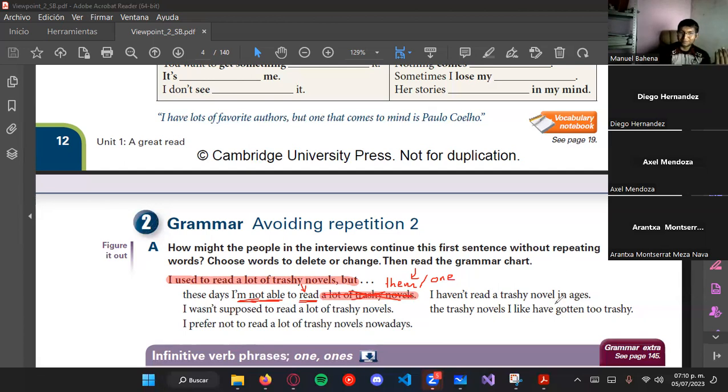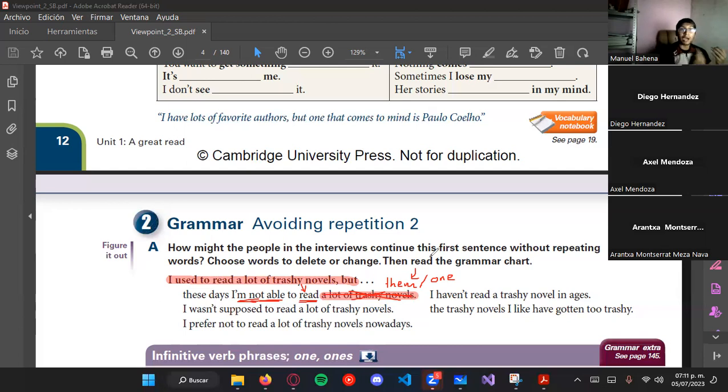For example, it says, "I used to read a lot of trashy novels, but these days I'm not able to read one." Okay? Aranza's answer, "I'm not able to read them," is also correct.